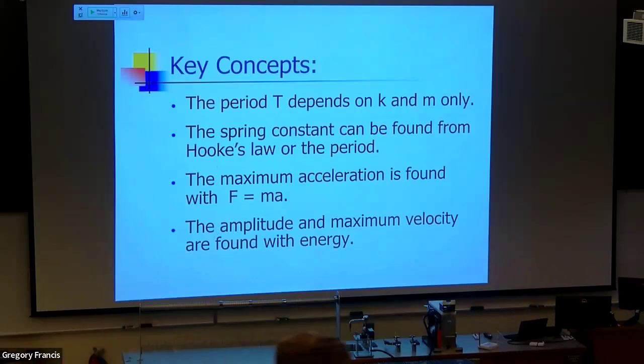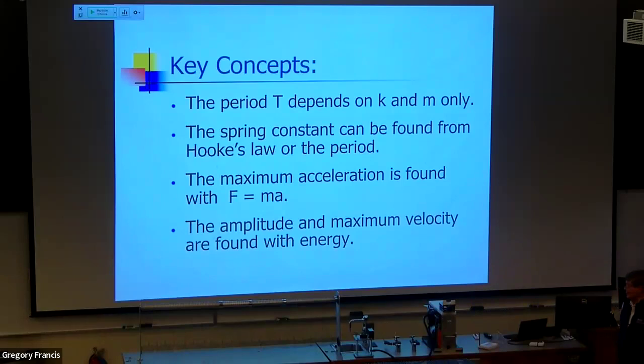These are the key concepts from our last discussion, just to remind you where we've been. The period of oscillation, the time it takes for something to bounce up and down, depends only on the spring constant and on the mass. And that spring constant we can find in 2 different ways.